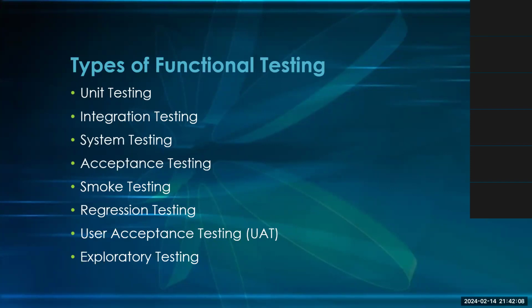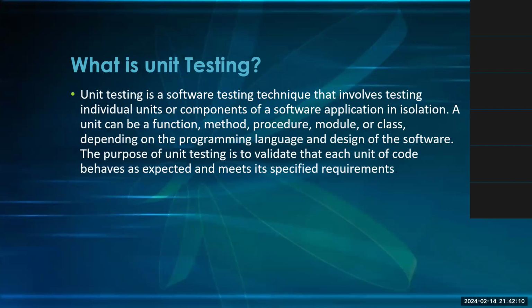Unit testing is a software testing technique that involves testing individual units or components of a software application in isolation. A unit can be a function, method, procedure, module, or class, depending on the programming language and design of the software. The purpose of unit testing is to validate that each unit of code behaves as expected and meets the specified requirements.